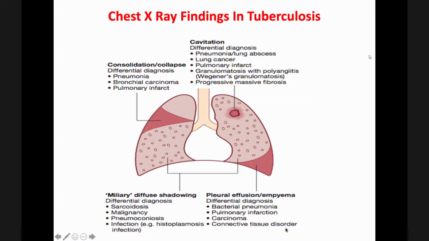There is a long list of causes of pleural effusion, like bacterial pneumonia, pulmonary infarction, carcinoma, connective tissue disorder, and so on. So these are the findings you can find on the chest X-ray if you suspect a patient with tuberculosis. The patient can present with consolidation, miliary mottling, cavitation, or pleural effusion. In a lot of patients, we get cases of pleural effusion.